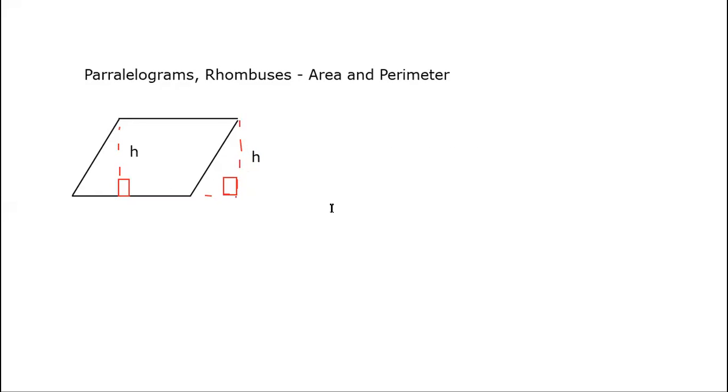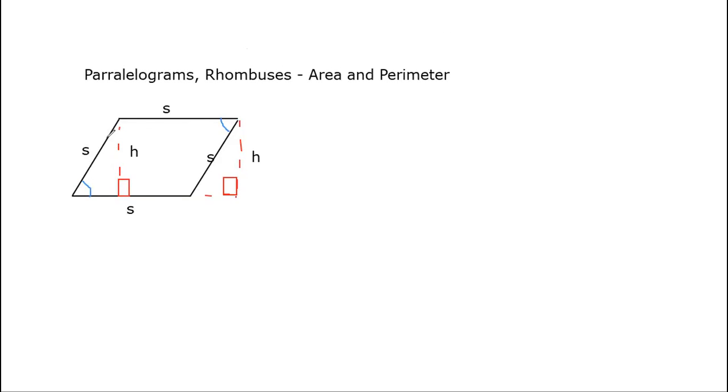So in a rhombus, all four sides are equal, just like a square. That's one of the characteristics that a rhombus shares with a square. The difference between it and a square are these angles are not 90 degrees. So this angle, it's not 90, but because it's a parallelogram, it's equal to that angle.